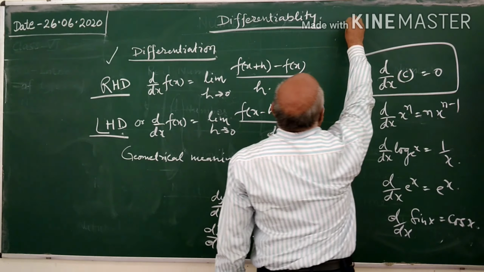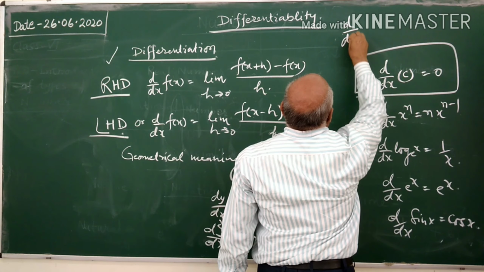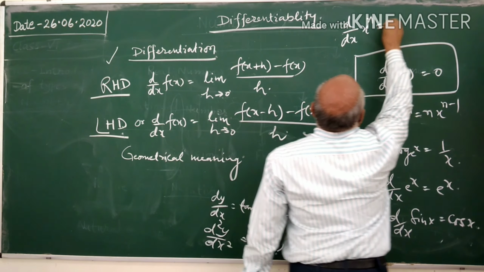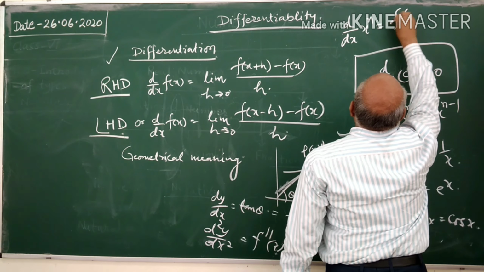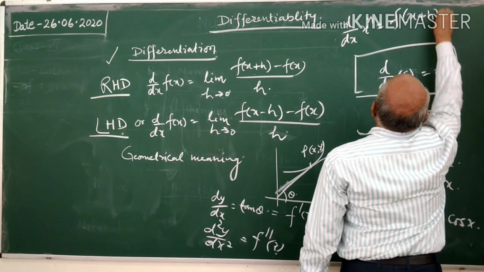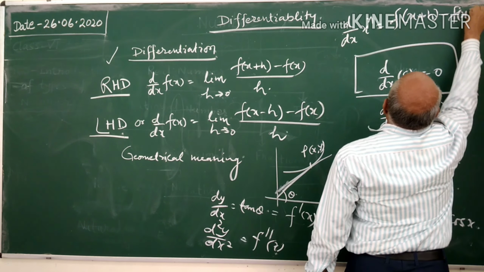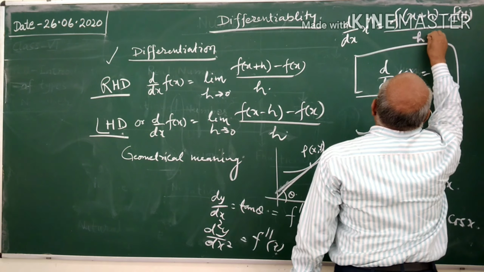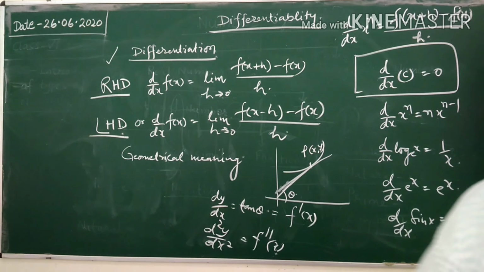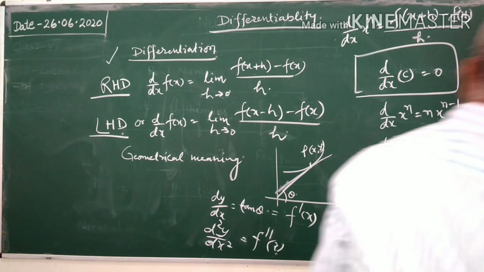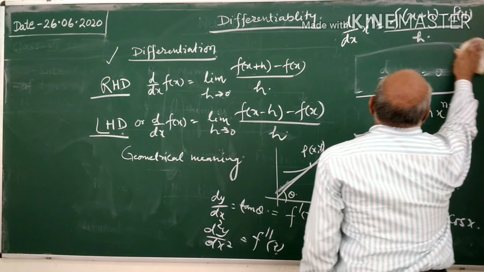How did we get it? dy by dx of x to the power n is equal to f of x plus h minus f of x by h, and that was in the form of a formula.